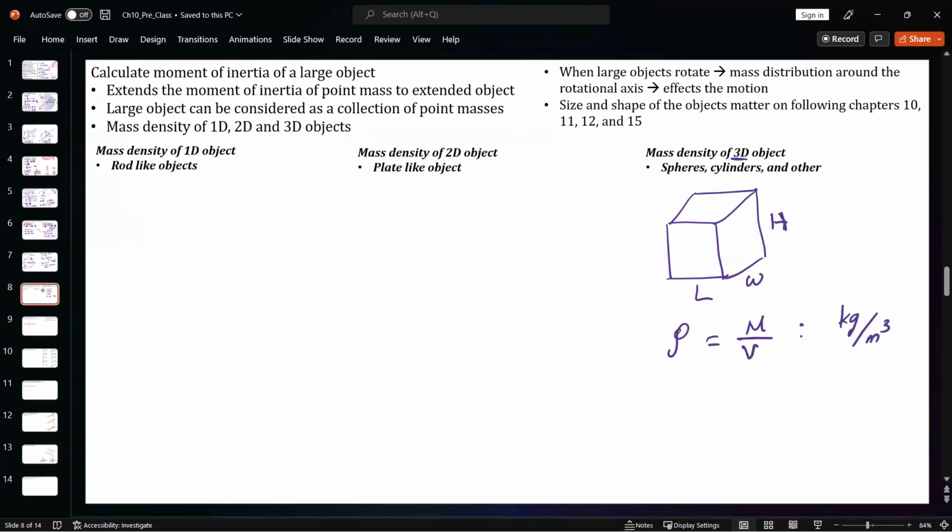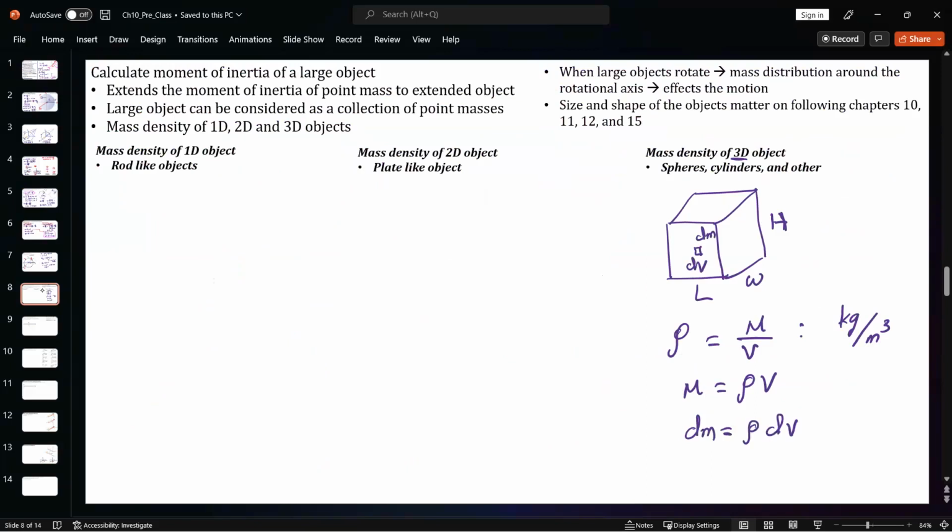From here we can easily write the mass of this object, which is the density times the volume. If I consider an extremely small amount of mass, dm, which has a volume dv inside that cube, then I can find the small mass is equal to the density times the small volume.